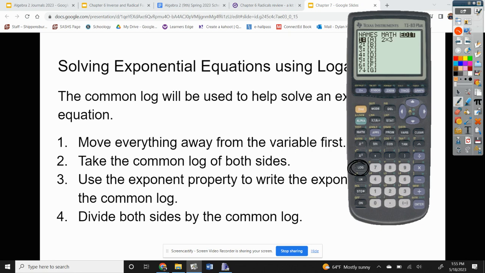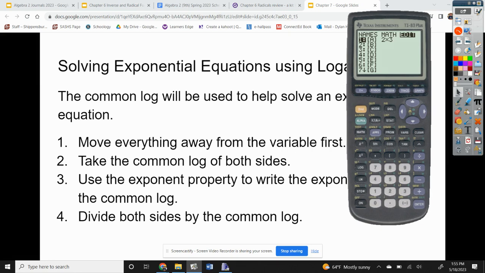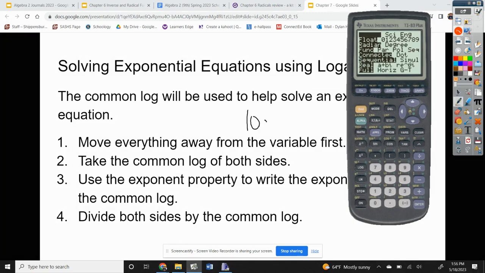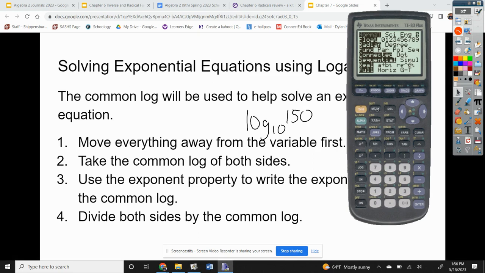So for example, here, let's clear this off. If I wanted to find the value of log base 10 of 150. Well, 10 to the power of 2 is 100, and 10 to the power of 3 is 1,000. So it should be somewhere between the numbers 2 and 3. Sorry, I'm having some trouble here getting this off the screen.